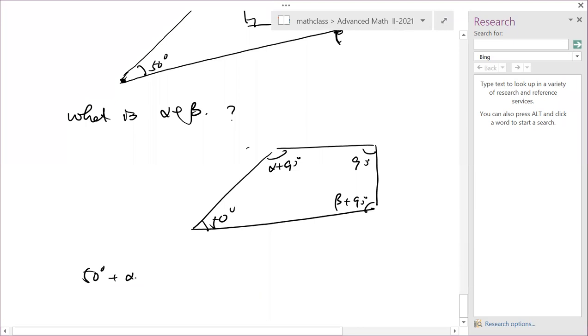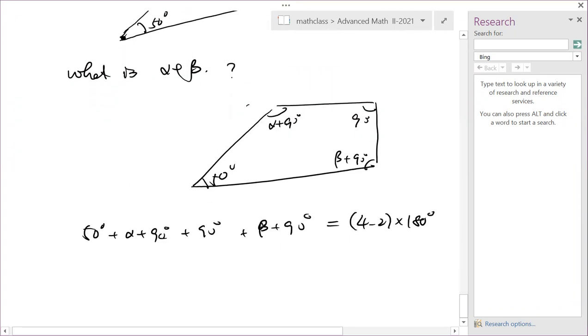Add them together, right? 50 degrees plus alpha plus 90 degrees plus beta plus 90 degrees should be equal to, for four sides, 4 minus 2 times 180 degrees. This is going to be 360 degrees, right?